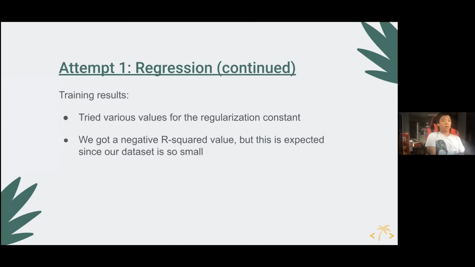We also ended up getting a negative R-squared value, which is not very good. It's bad due to the fact that our data set was so small and it was really hard to find the analysis. But in the future, we hope to get more data and be able to make more clear analysis of this data.